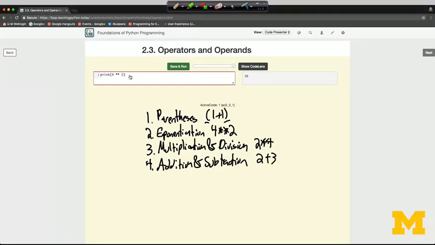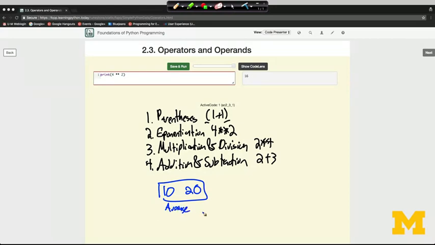So what this means is that suppose that we wanted to compute the average of two numbers, 10 and 20. So if we wanted to compute the average of these two, which should be 15, then we might intuitively write something like 10 plus 20 divided by 2.